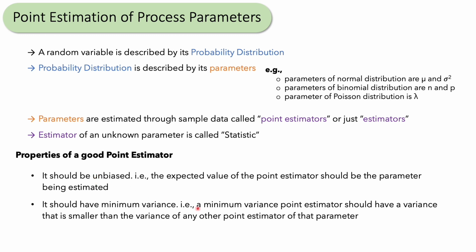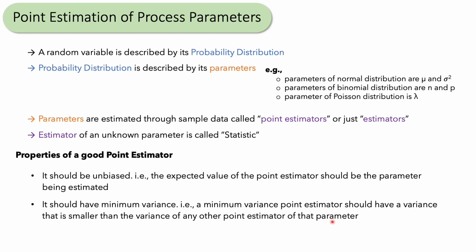This statement means that a minimum variance point estimator should have a variance that is smaller than the variance of any other point estimator of that parameter. A parameter can be estimated through more than one type of point estimator, but a good point estimator will be the one that has the minimum variance.